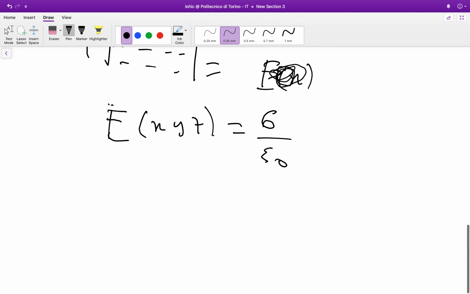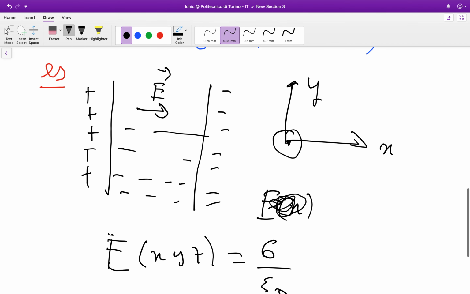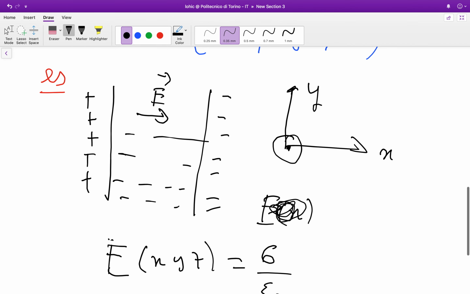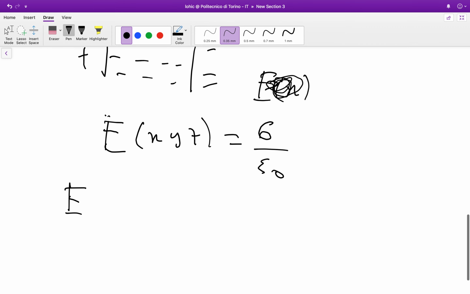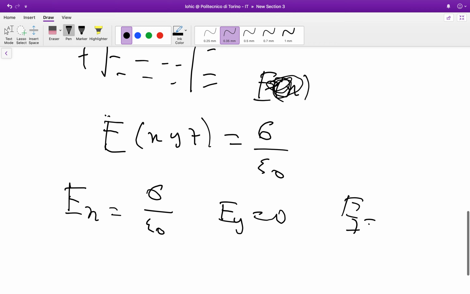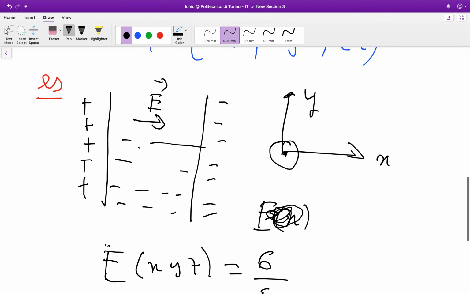Imagine, for example, here in this representation, the field has only the x component. In this planar representation, the field has only the x component. So you can say that the x component of the field is sigma divided by epsilon 0, and the y component of the field is 0, and the z component of the field is 0, because we are in the plane.